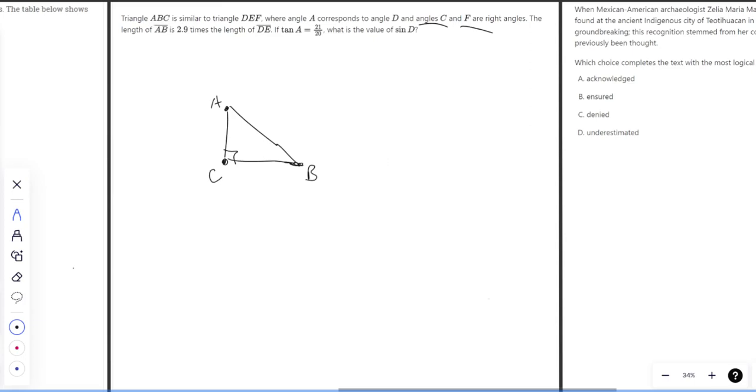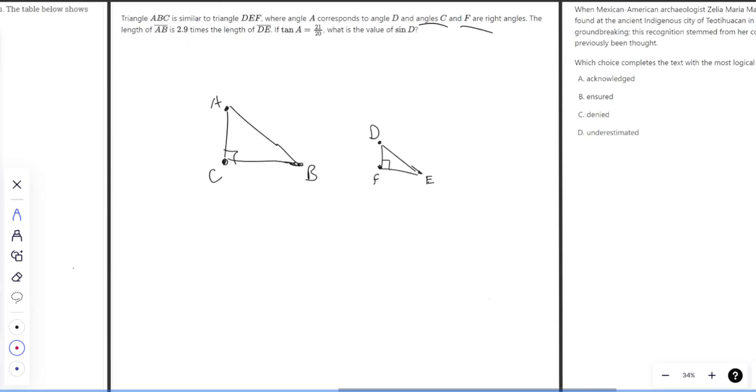I notice that AB is longer than DE, so DEF would look something like this. A corresponds to D, and angles C and F are right angles. So this is our picture so far.